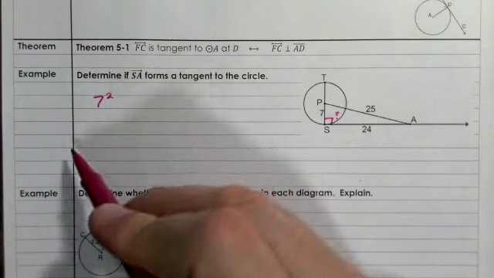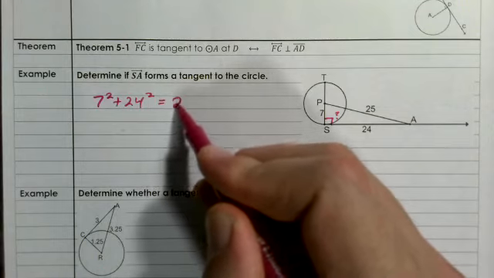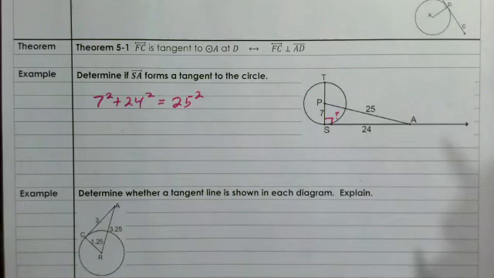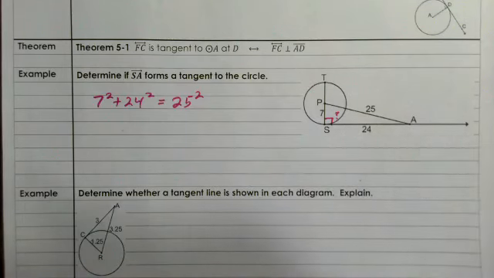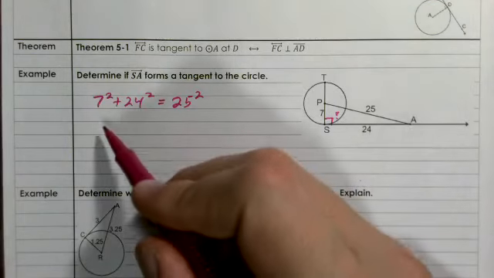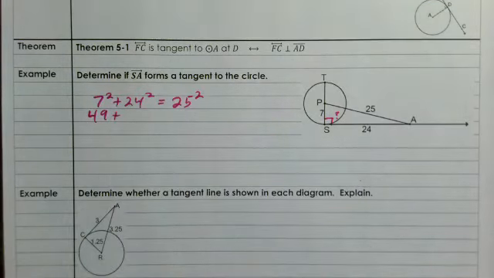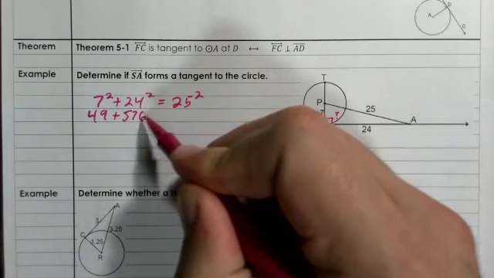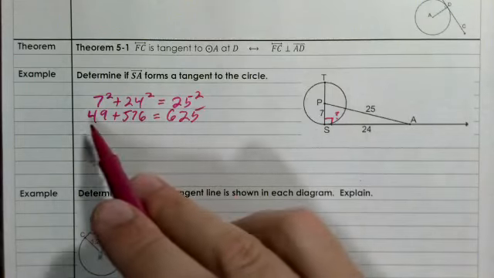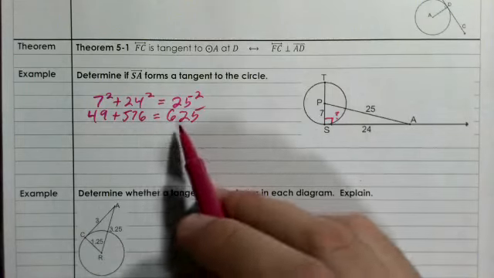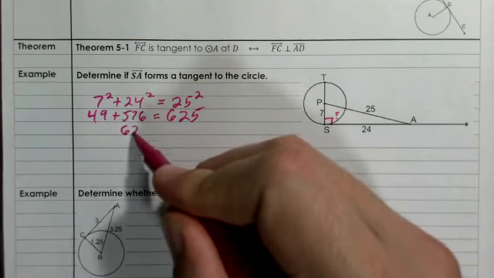So I need to see if 7 squared plus 24 squared equals 25 squared. If it is, then this side is going to be tangent. If it's not, then it's not going to be tangent. So let's see, that's going to be 49 plus 576 equals 625. 576 plus 49 is going to be 625.